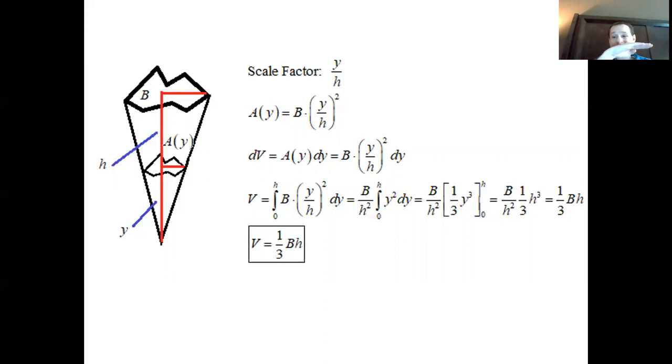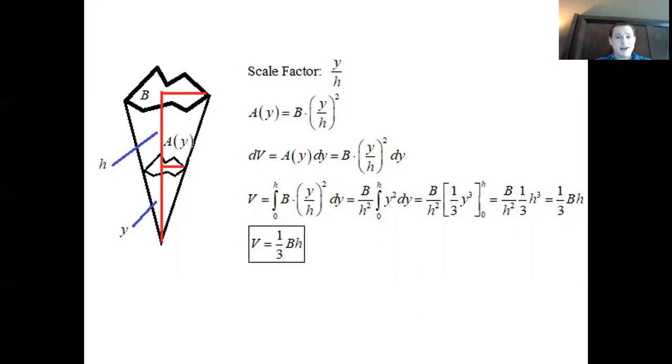So the area of that slice is whatever the area of the base is, scaled down by a factor of (y over h) squared. That leads us to this big equation right here: the area of this little slice is the base area times (y over h) squared.